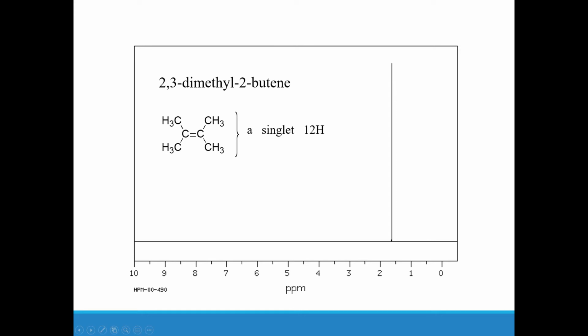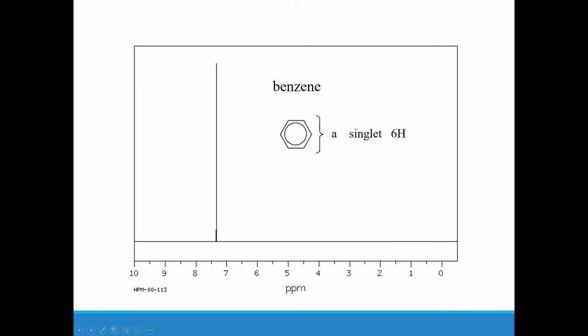Again, sp3 hybridized, each one having its own group. We expect a singlet of about 12 hydrogens. So really tall peak, singular peak. For the benzene ring, because these are sp2 hybridized, they will appear more downfield, but they are still a singlet.